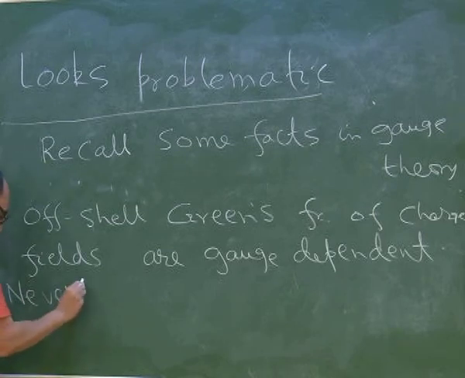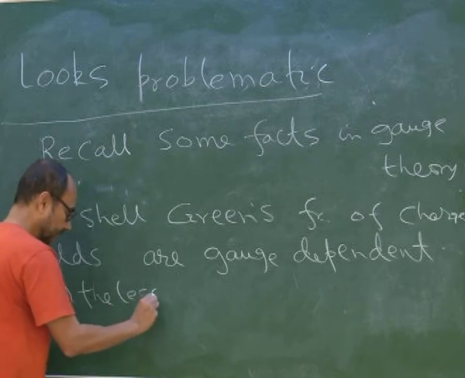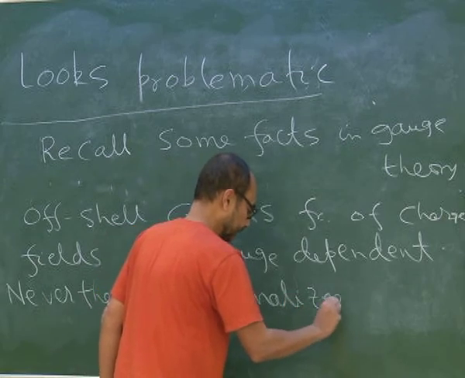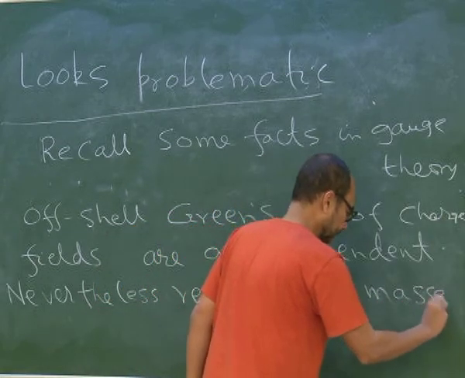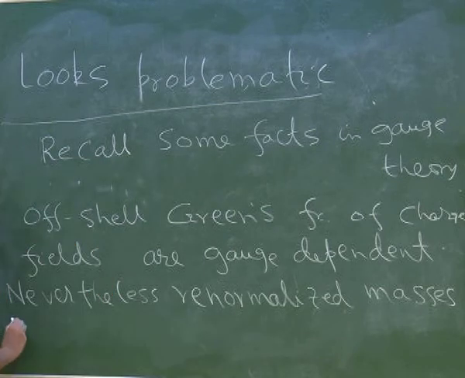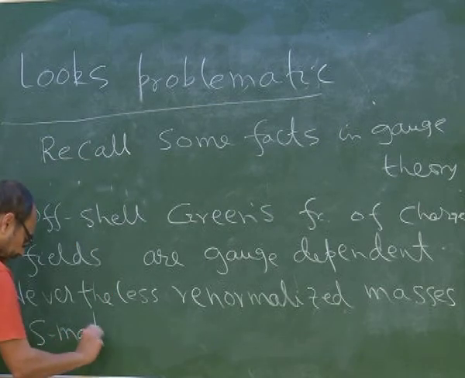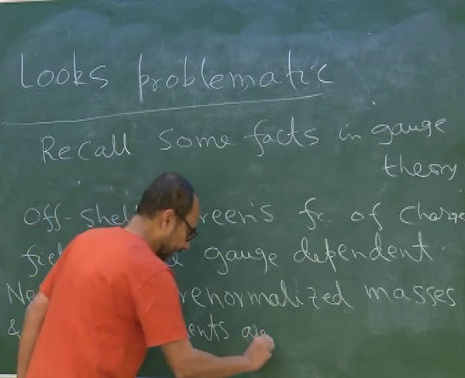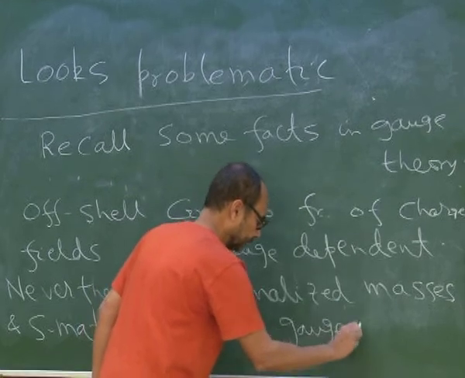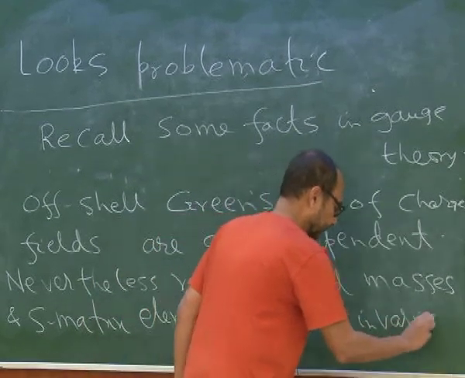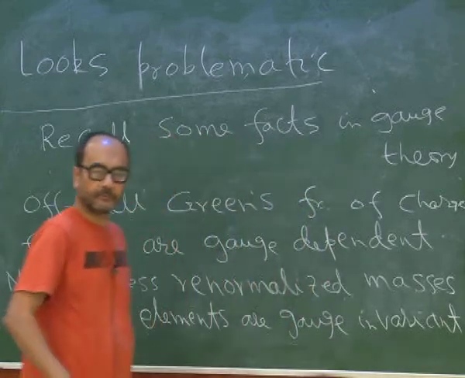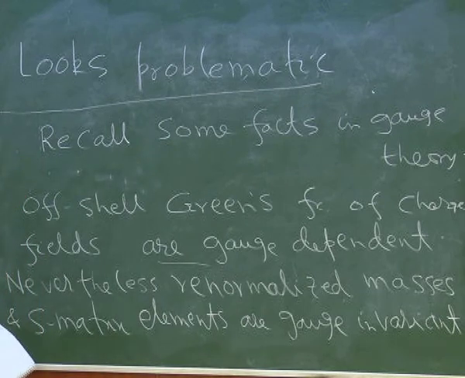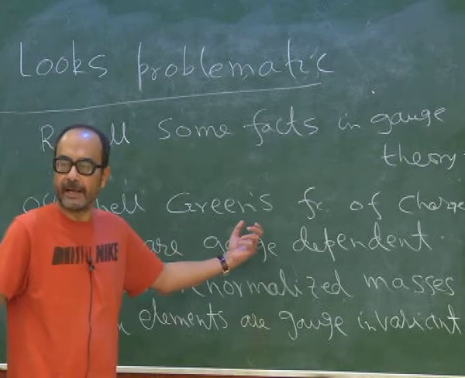Nevertheless, renormalized mass and S matrix elements are gauge invariant. But to compute this, we have to go to this intermediate step of dealing with gauge dependent quantities.